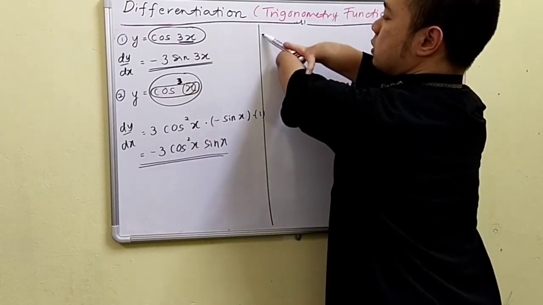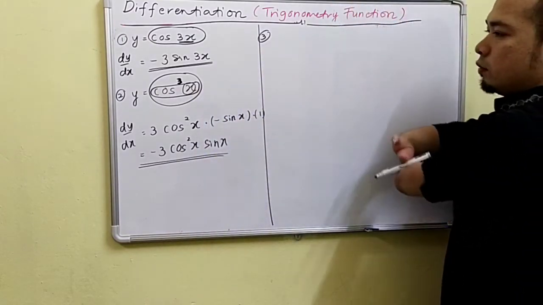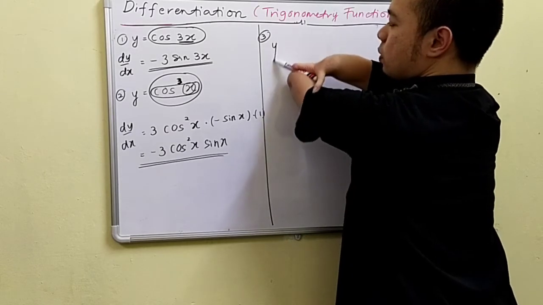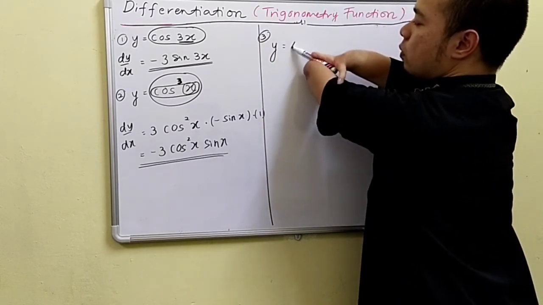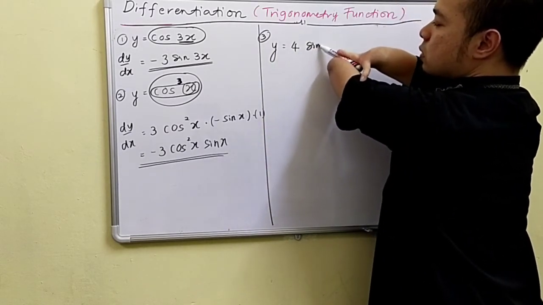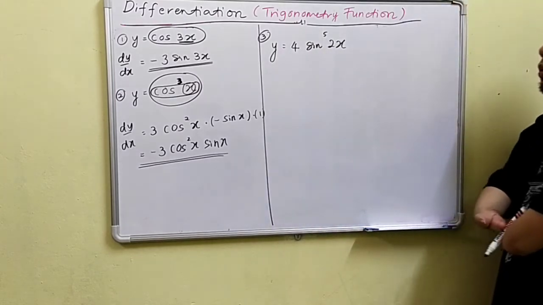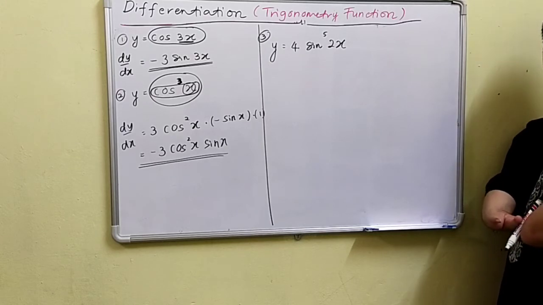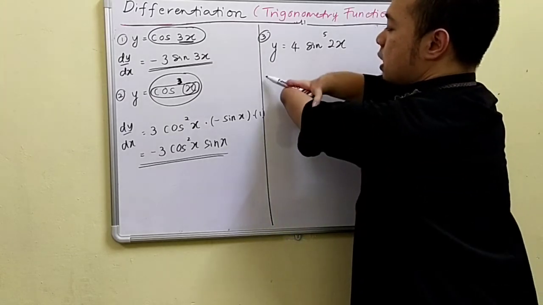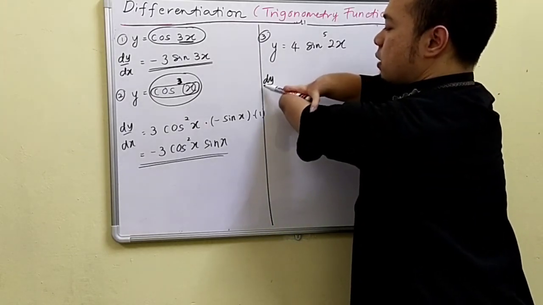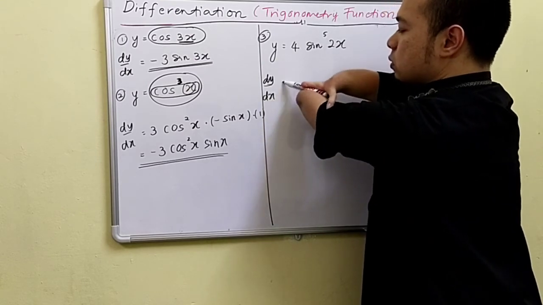Another example. What if we have something like this? y equal to 4 sine the power of 5 2x. How to find the dy/dx for this type of question?